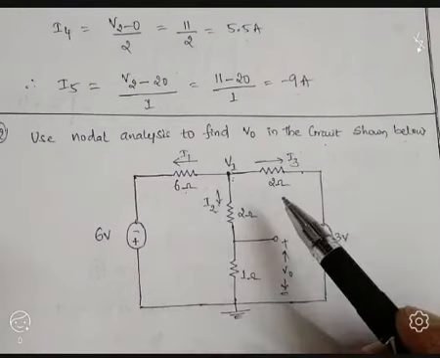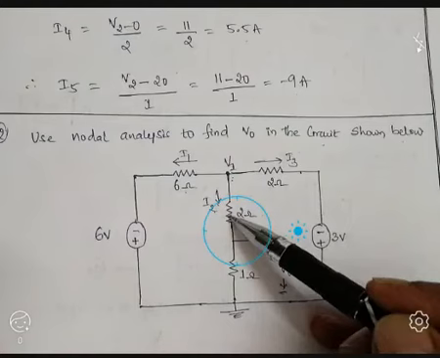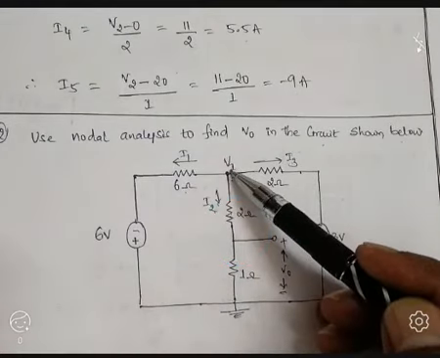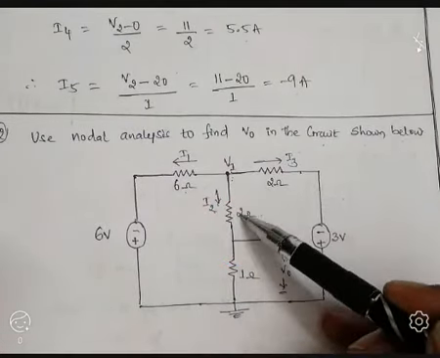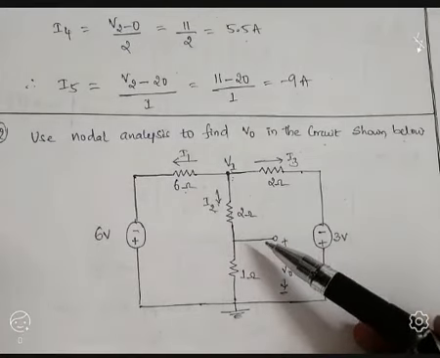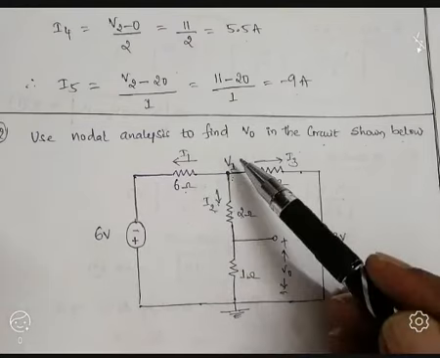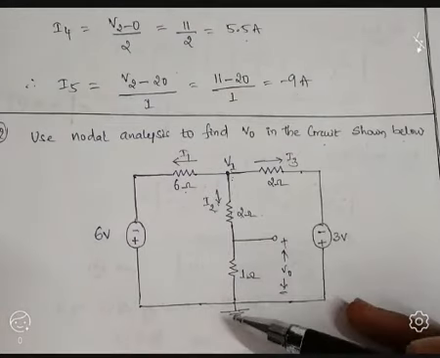Next, I2 equals V1 minus 0 divided by 2 plus 1. 2 ohm resistance and 1 ohm resistance are both in series. Hence, V1 minus 0 divided by 3.